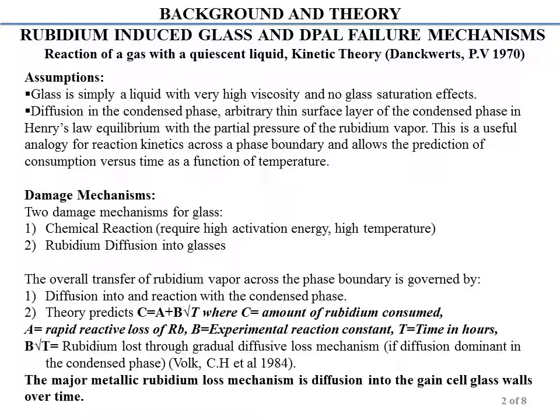Theory predicts the amount of rubidium consumed is some rapid reactive loss constant of rubidium plus the experimental reaction constant times the square root of time in hours. So rubidium is lost through a gradual diffusion mechanism.